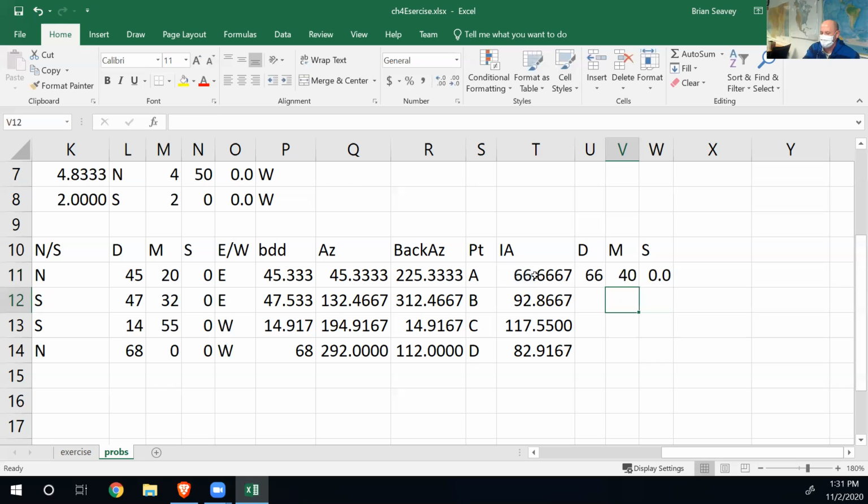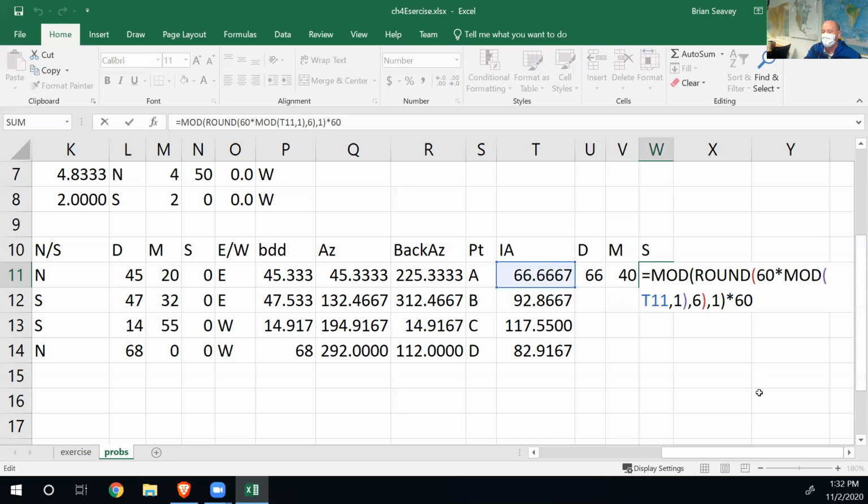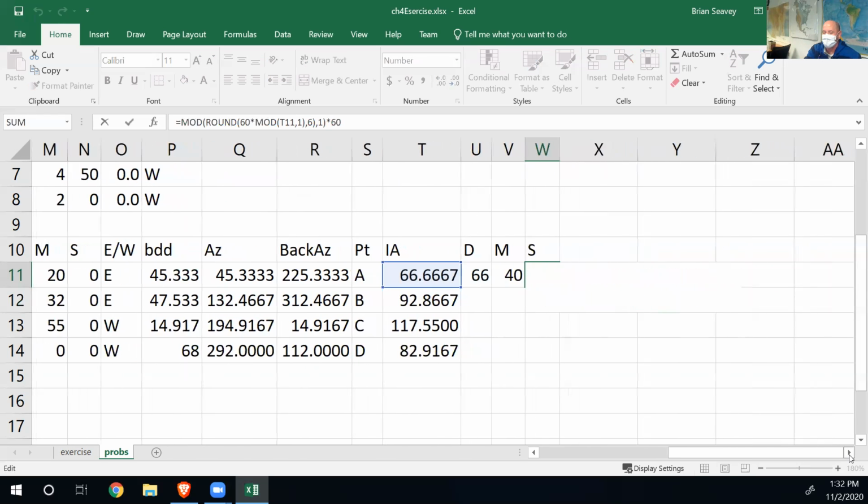So you take the modulus of your angle, the 0.66666667, and you multiply that by 60, and that's your decimal minutes. Then you take the modulus of that to get the remainder for your seconds.